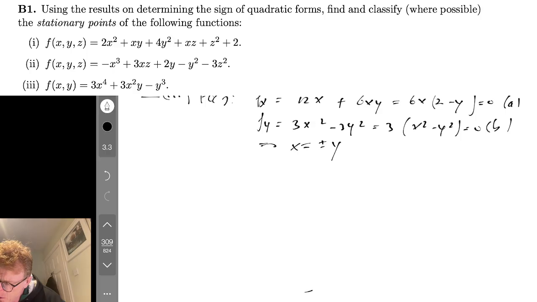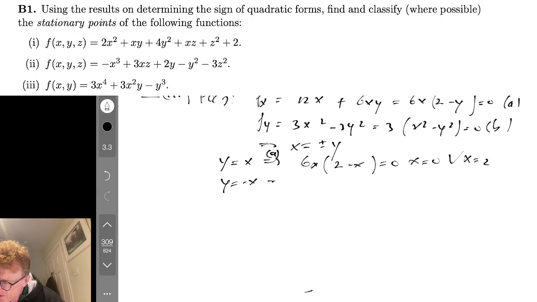So y is x gives us in A 6x, 2 minus x is 0, so x is 0 or x is 2. y is minus x gives us 6x, 2 plus x is 0, so x is 0, which you already had, and x is minus 2.